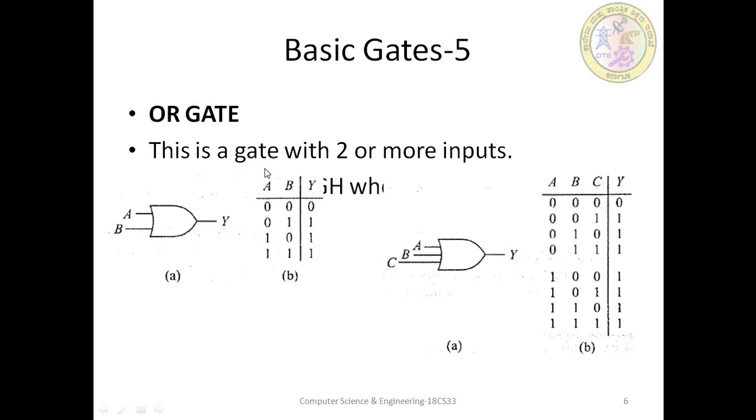And this is for the two input OR gate, and this will be for the three input OR gate. So in this condition, if we are trying to write a truth table for the OR gate, always the output will be high when at least one input is high, and the output will be low only when all the inputs are low.